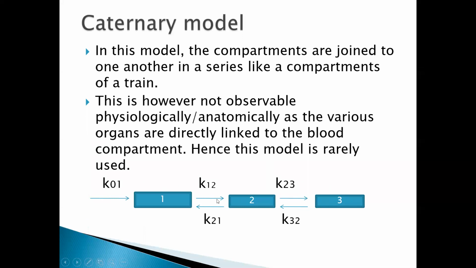This is not observable physiologically or anatomically, as the various organs are directly linked to the blood compartment. Ideally it is not possible, because all the organs are directly linked to the central compartment. So this model is not commonly used.